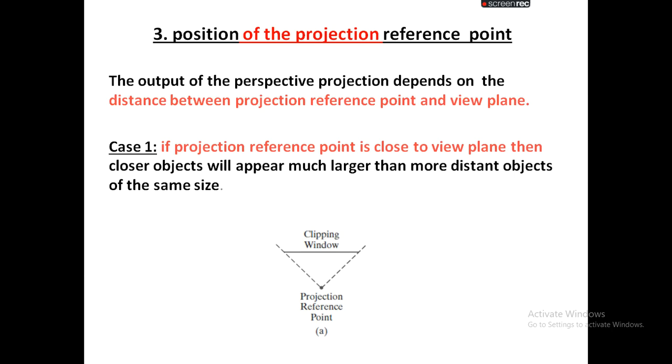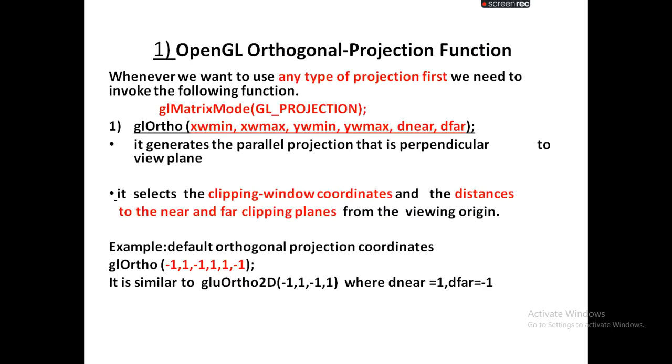Next, I explained the second concept, that is OpenGL projection functions. We have four types of OpenGL projection functions. First one, glOrtho.